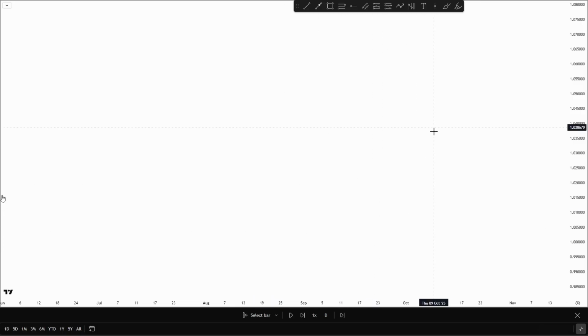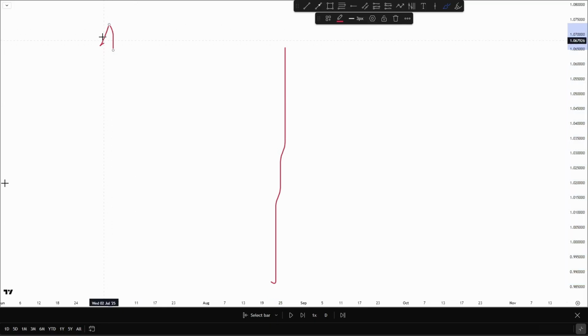Now let me show you some examples. Let's say we've got two correlating assets, asset A and asset B, and they are moving in this sort of fashion.